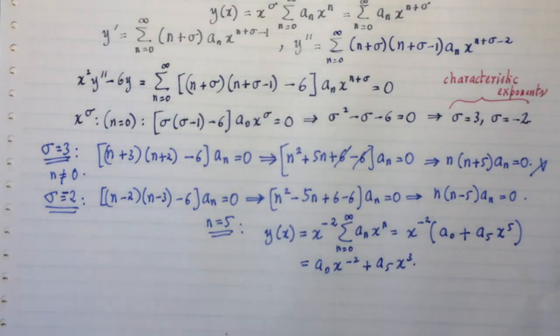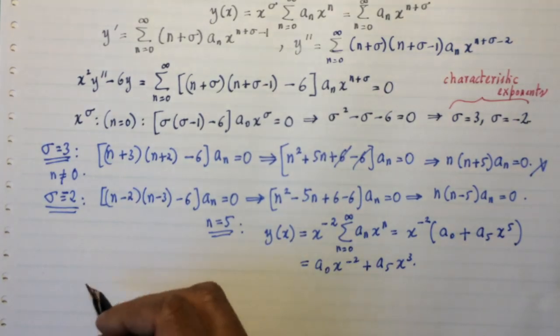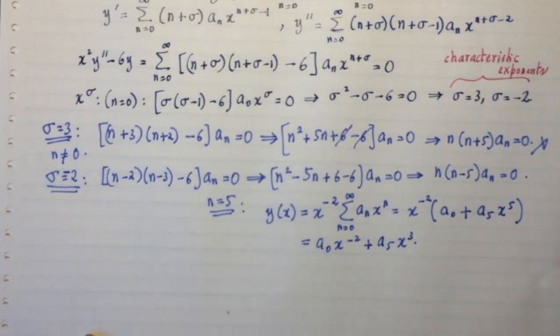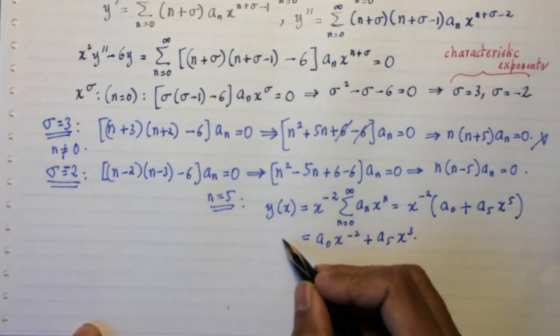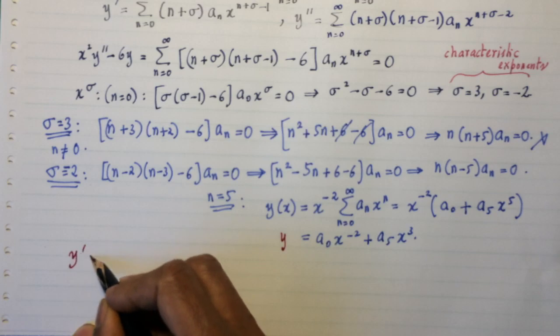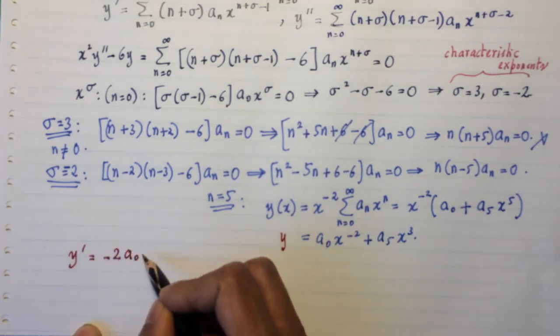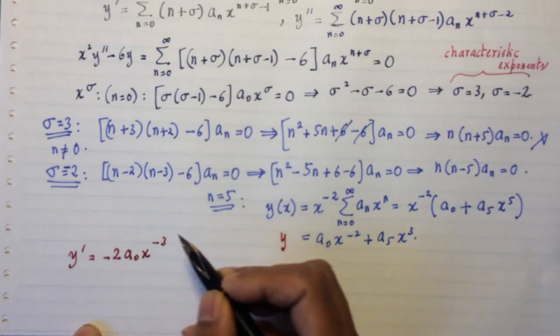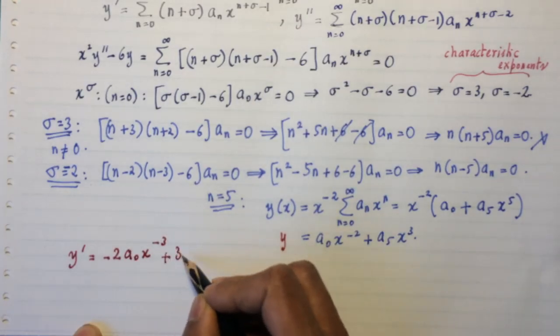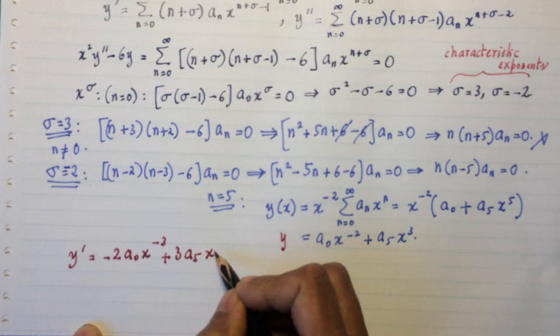So let's take a couple minutes to verify that. Let's take the first derivative. That's y. y prime is going to be negative 2 a0 x to the minus 3 plus 3 times a5 x squared.